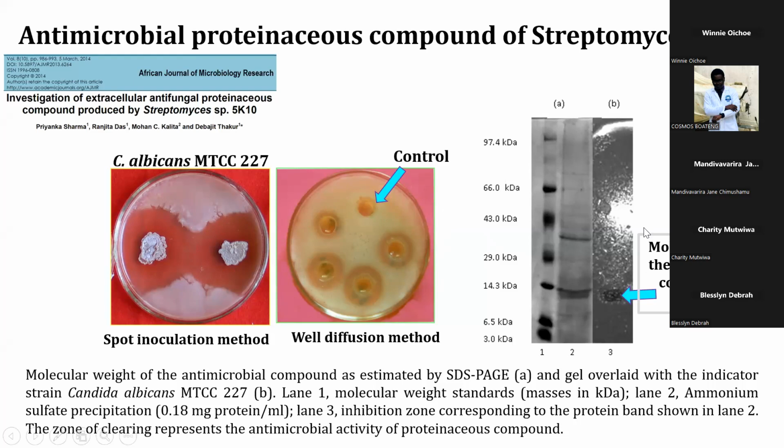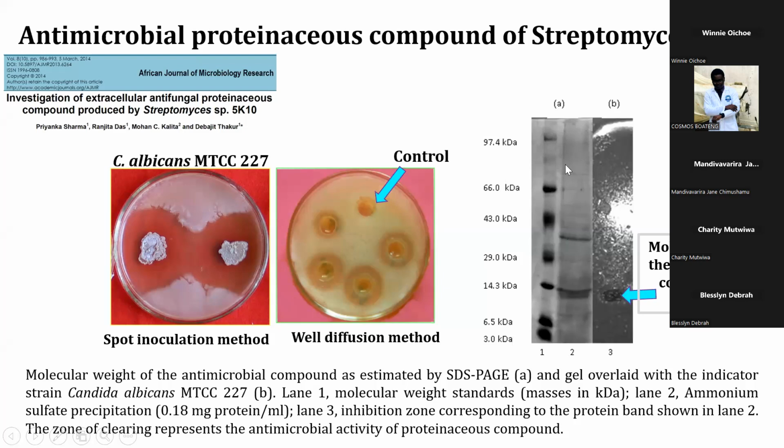So I have done the protein isolation, and then this is the SDS page that I have done. In the SDS page, I have checked the antimicrobial activity. I cut the band, extracted the compound, and then did the antimicrobial activity test, and I checked that this is showing a clear zone of inhibition against Candida albicans.